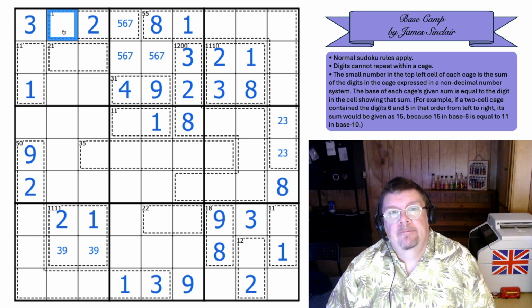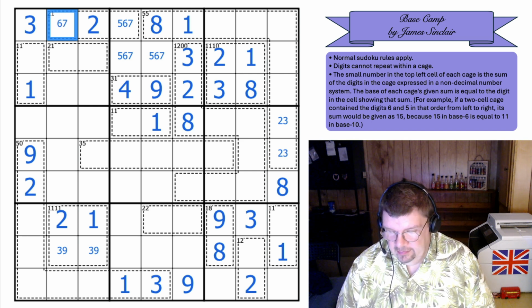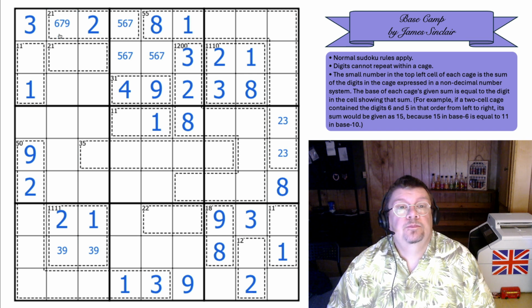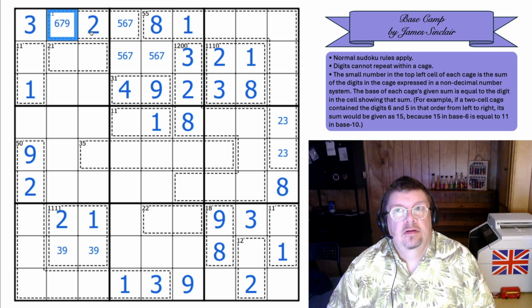Okay, so now 6, 7, or 9. Let's have a look. If this was 6, that would be 12, plus 1 is 13. We already have 8, so we'd need another 5, which it would be. If this were 7, that would be 14 plus 1 is 15.